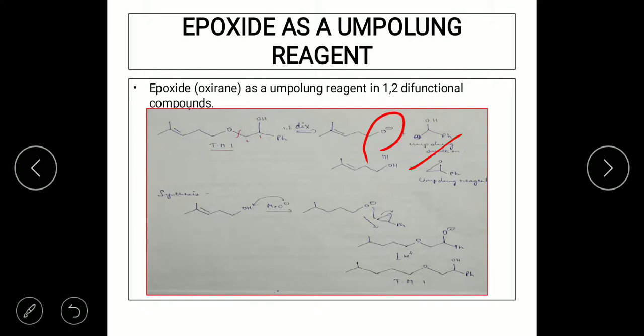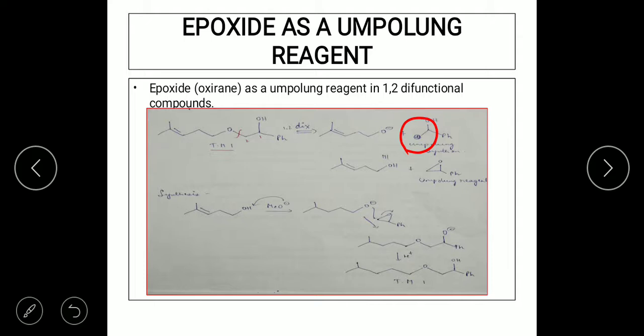But here, since we are using the umpolung approach, the second carbon obtains the positive charge. So whenever there's a change in the polarity, we call it the umpolung synthon, and the reverse of polarity is being used for this kind of example.